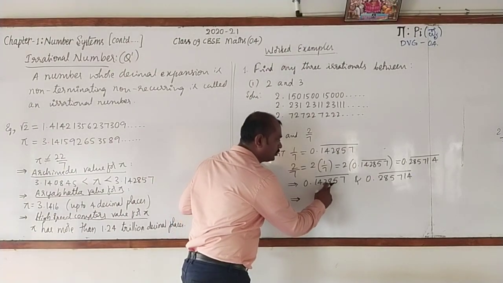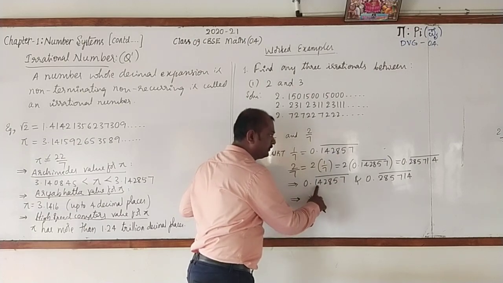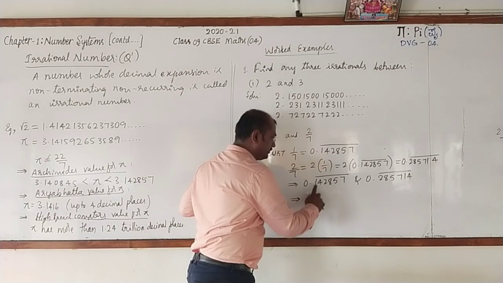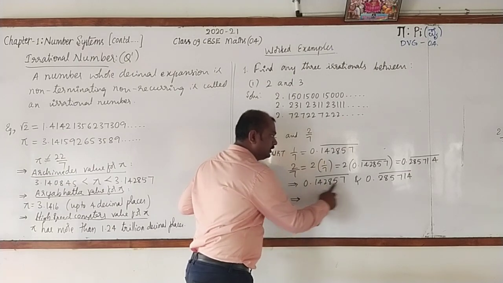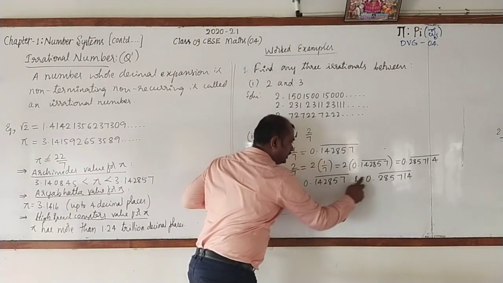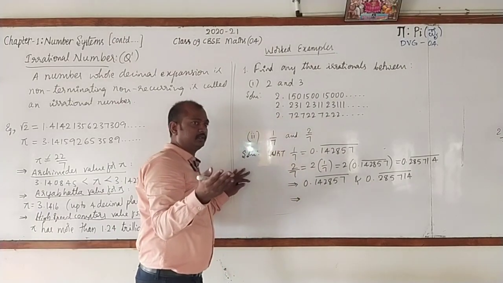See, 1, 4, 2. If you take just one digit only, it will be 0.1. With 2 digits, 0.14, and here also you can take 2 digits, 0.28. Between them, many are there.